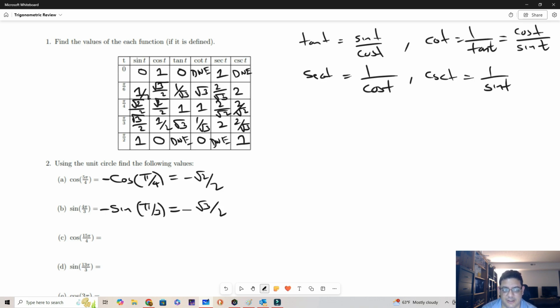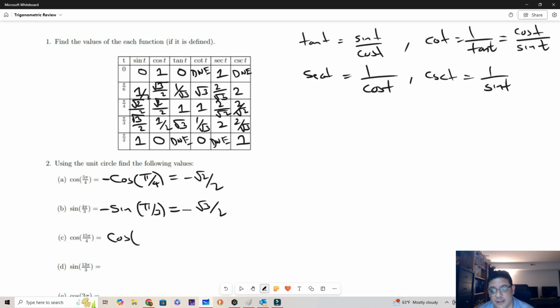So I can think that this angle is going to be equivalent first to another angle on the first unit circle. So I can subtract a couple of 2 pi cycles. So this is equal to cosine of, and let's first subtract the first 2 pi cycle.